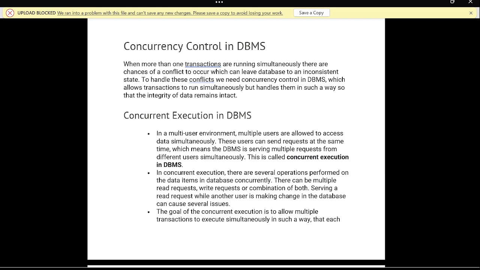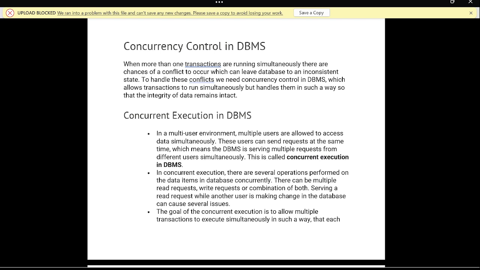So let's see the theory part. When more than one transaction is running simultaneously, there is a chance of conflict to occur, which leaves the database in an inconsistent state. Just now I gave an example. What is an inconsistent state? To handle these conflicts, we need concurrency control in a database management system, which allows transactions to run simultaneously but handles them in such a way that the integrity of data remains intact.